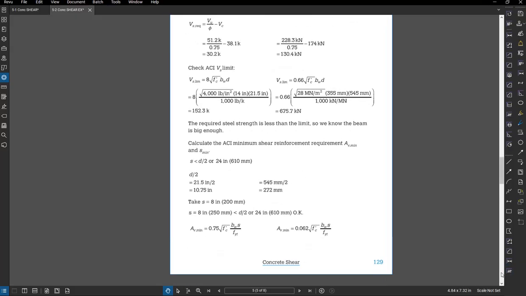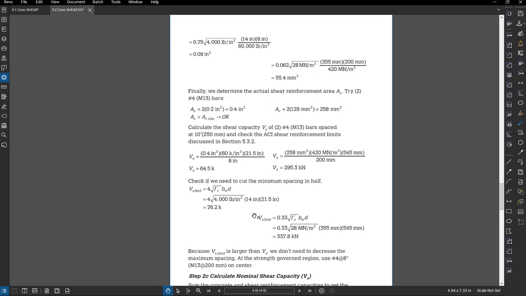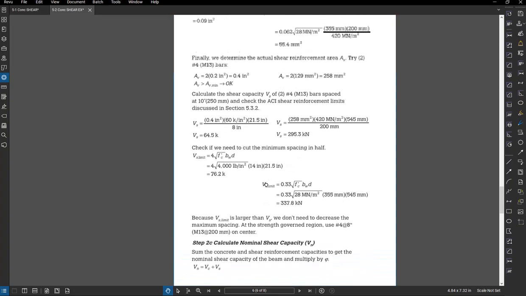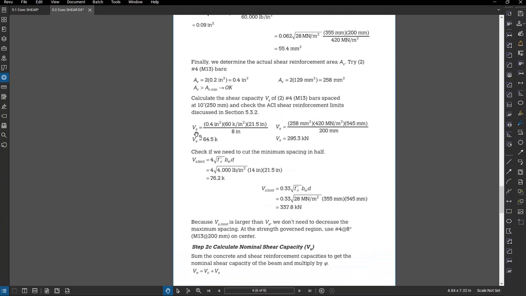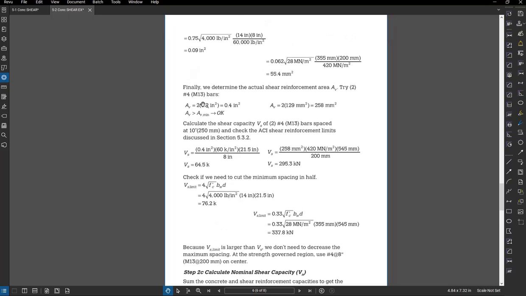And then at some point, we're going to calculate the contribution of the stirrups we chose. So it looks like here we're trying 2 number 4 bars, which is basically one stirrup, a bar on the near side and the far side of the section. 0.2 square inches is the area of a number 4.